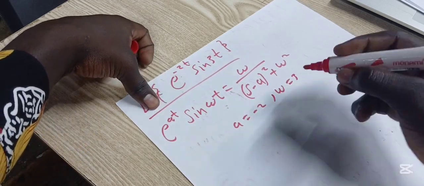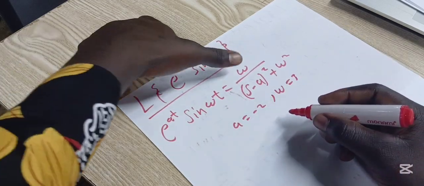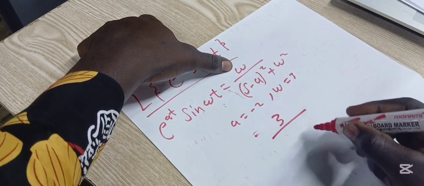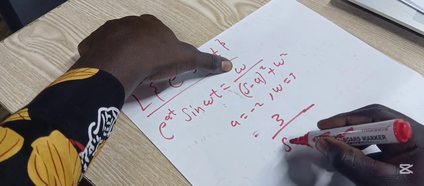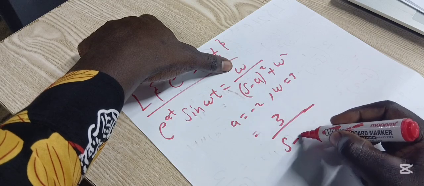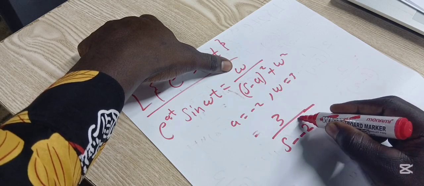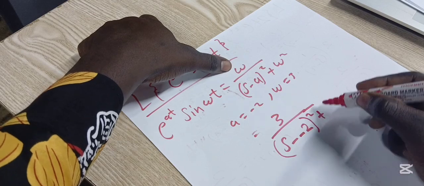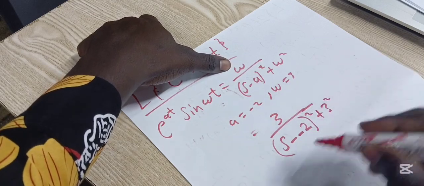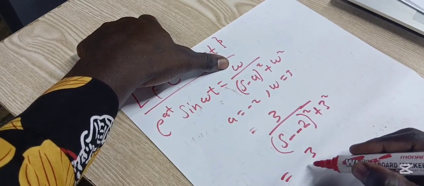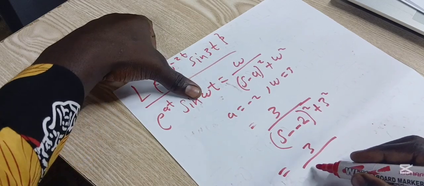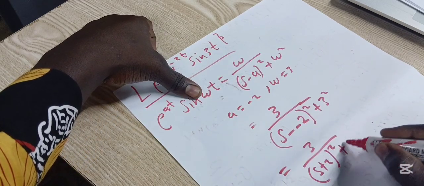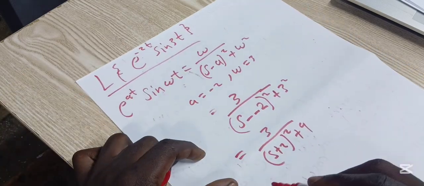So now let's start substituting. w is 3, so this is going to give us 3 over s minus a, and our a is negative 2, all squared plus our w squared, which is 3 squared. So this is going to give us 3 out of s plus 2 squared plus 9. So let's further simplify this problem.